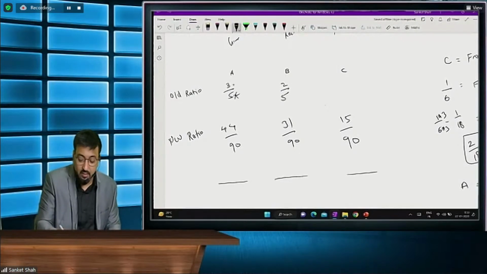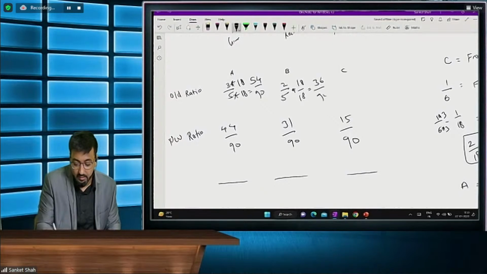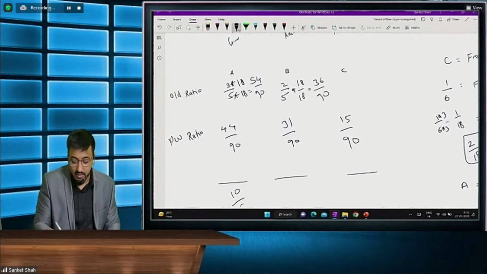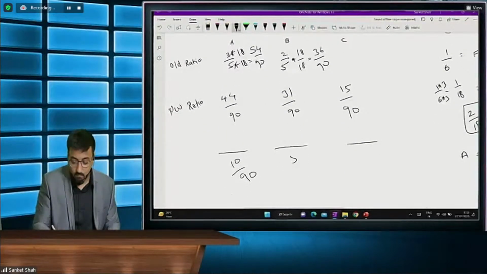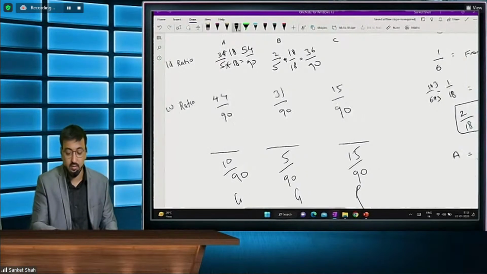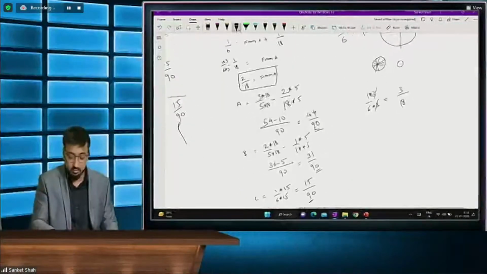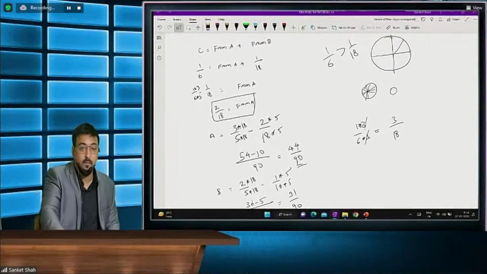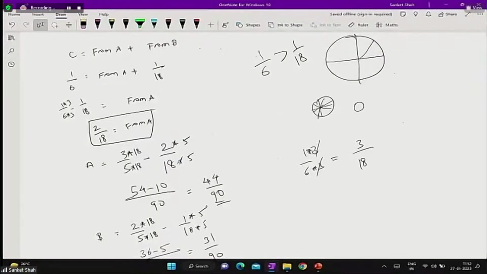And what is the sacrificing ratio? Here I will multiply by 18, and here I will multiply by 18, 36 by 90. So 10 by 90, 5 by 90, and 15 by 90. Giver, giver, receiver. Write down.